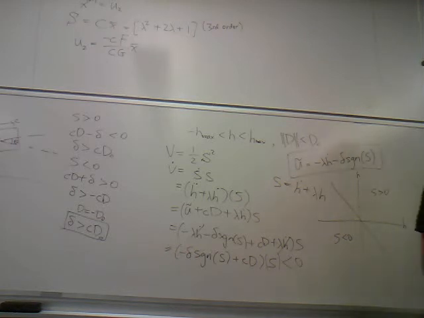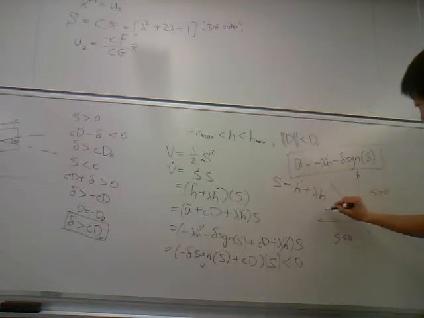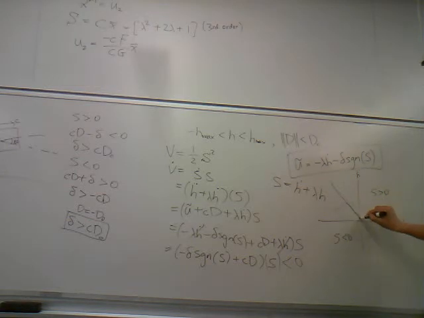Yes. When you say stable, does it mean stable as in it's following the sliding surface, or stable as in it's not blowing up? So I mean stable as in it will be able to reach this surface and then go down along the surface.